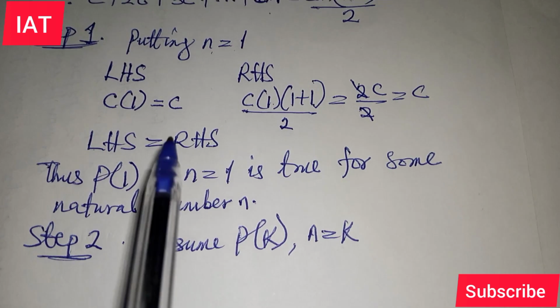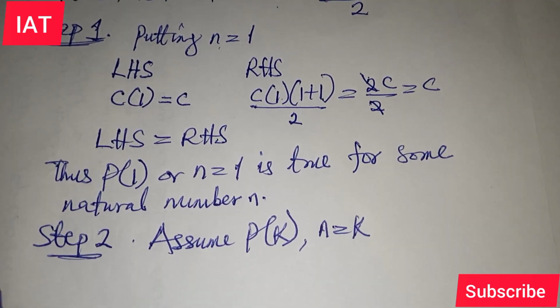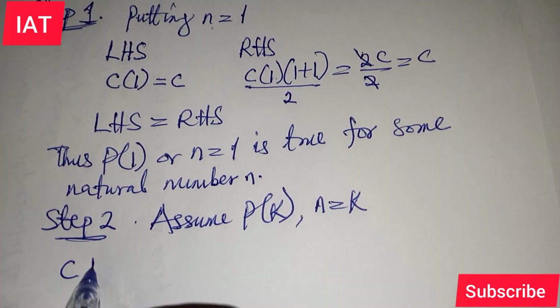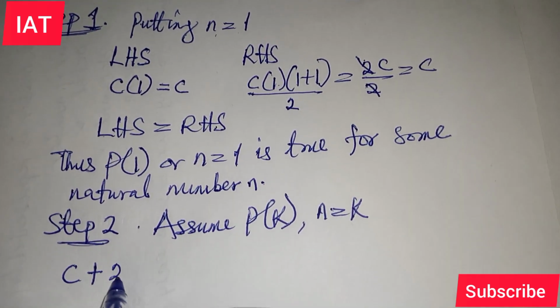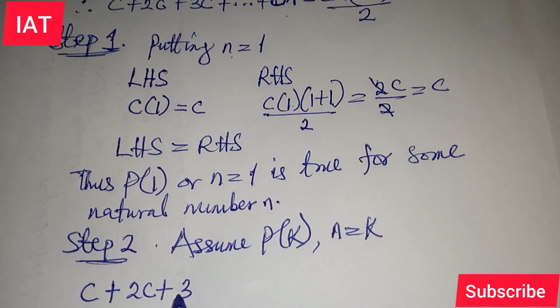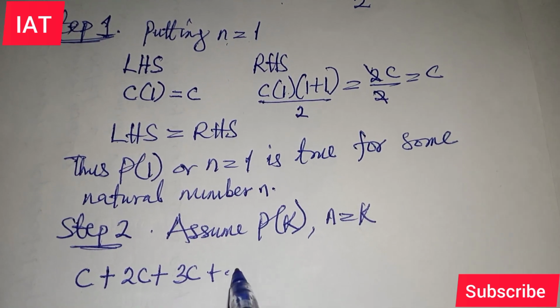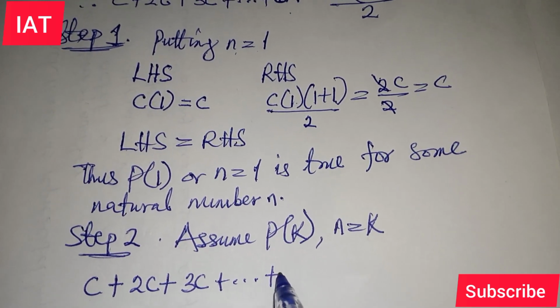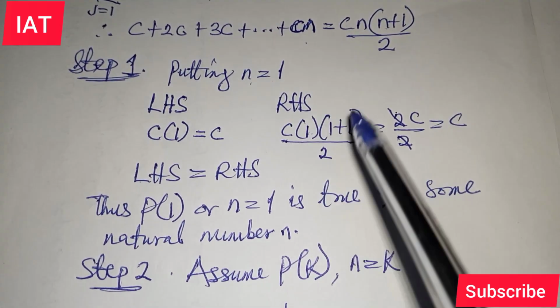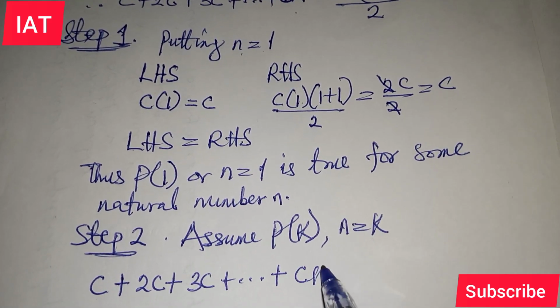So that means from that expression we have c plus 2c plus 3c plus dot dot dot plus, in place of this n, we replace it with k. Remember we say when n equal to k, so we have ck.